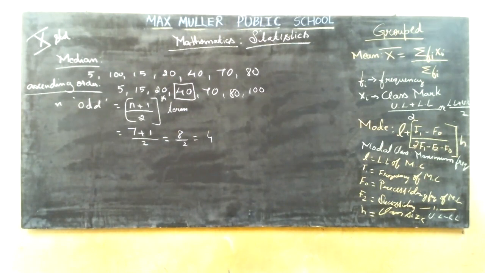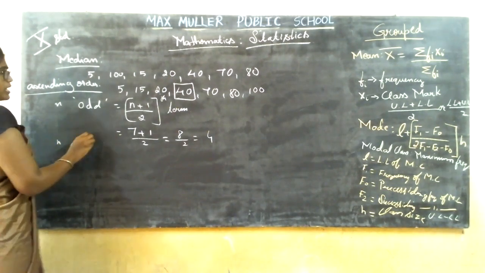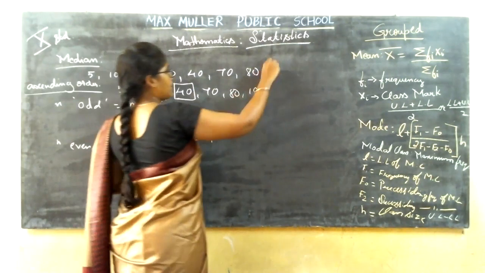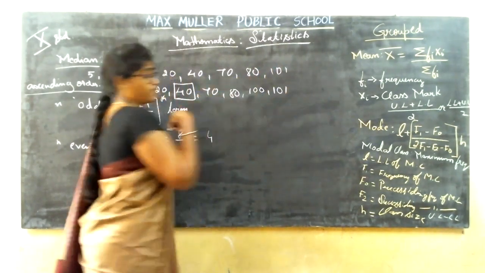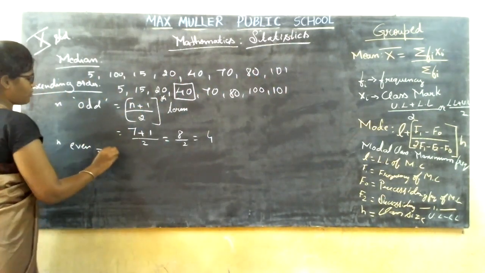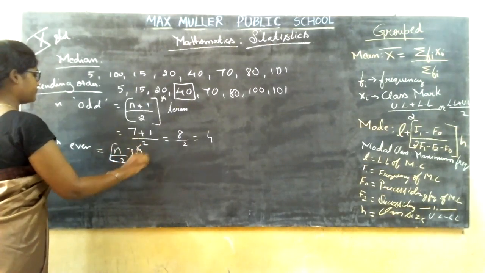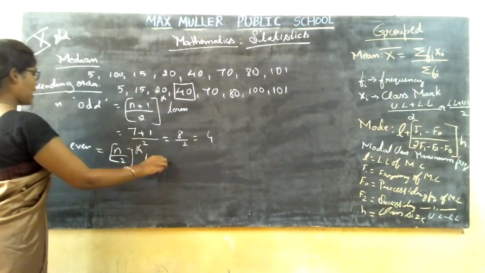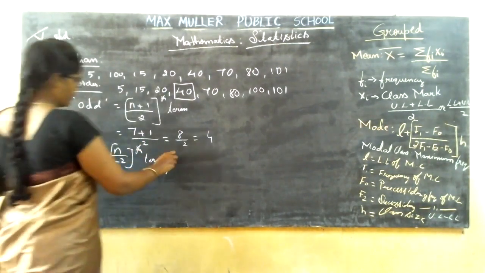Clear? Now, if n is even, then what? For example, if we take 1, 0, 1. Now it is even. What is the formula for that? The n by 2th term, and you have one more formula, that is the (n by 2 plus 1)th term.